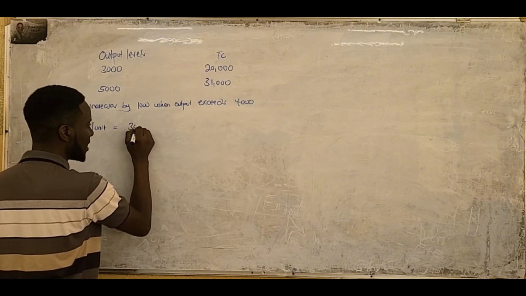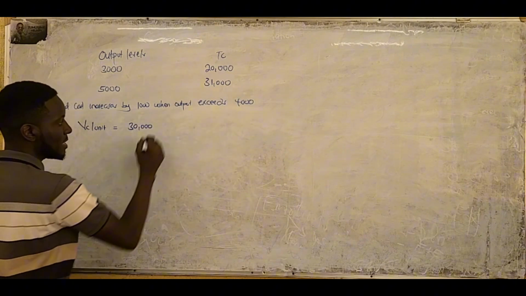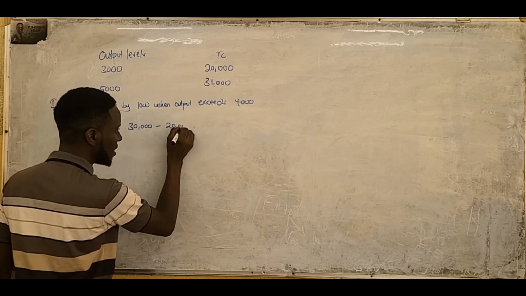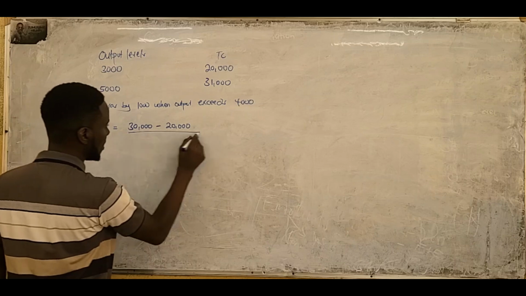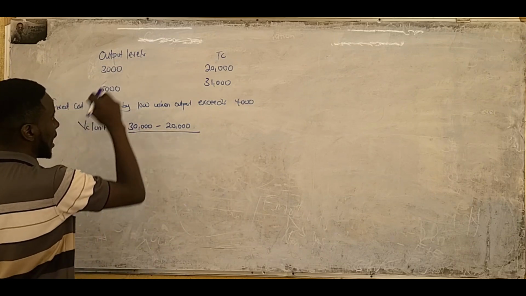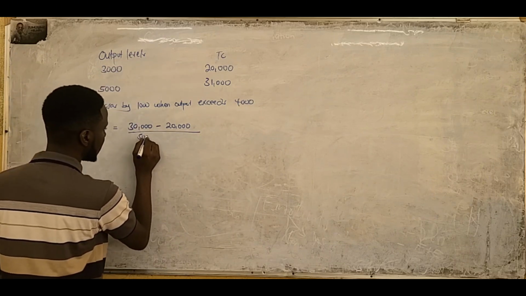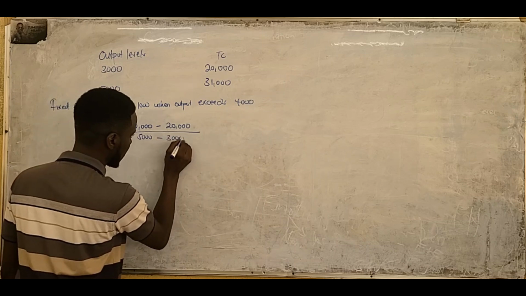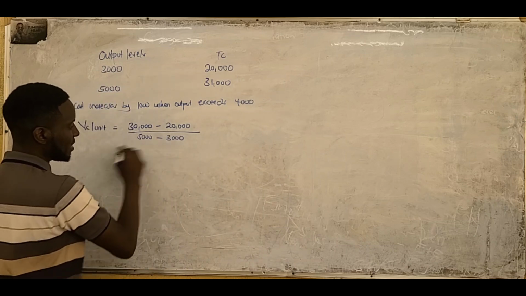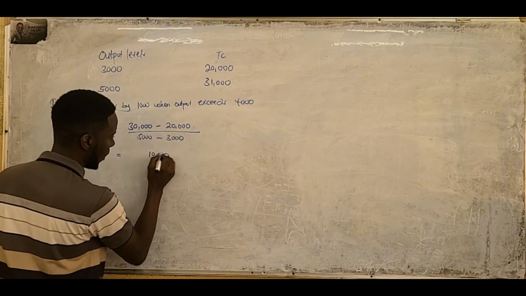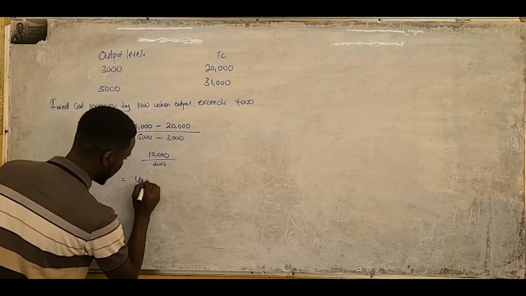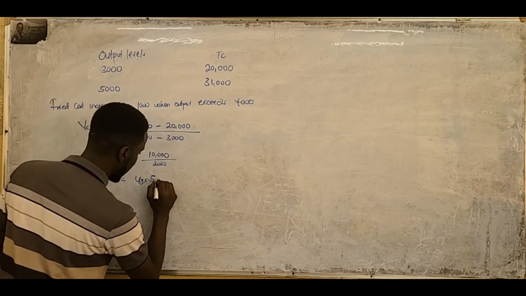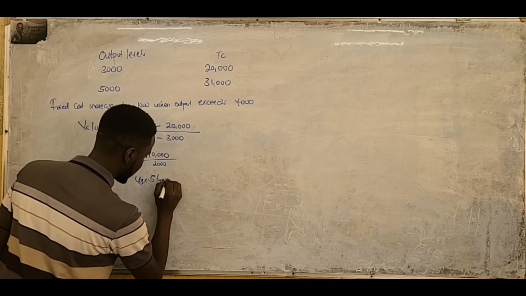That means we shall have 30,000 minus the 20,000. Then you subtract output levels, which is 5,000 minus the 3,000. So you end up getting 10,000 over 2,000, and you get your Uganda shillings 5 per unit.